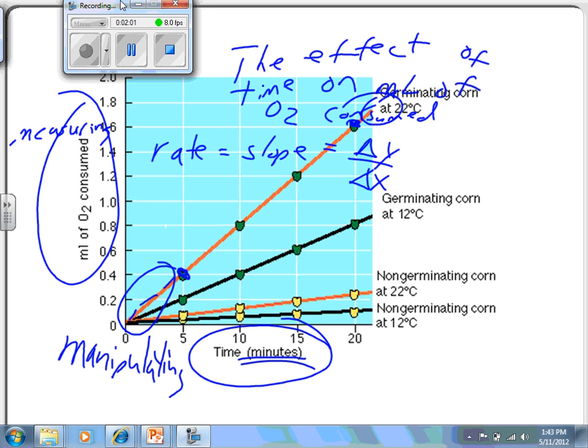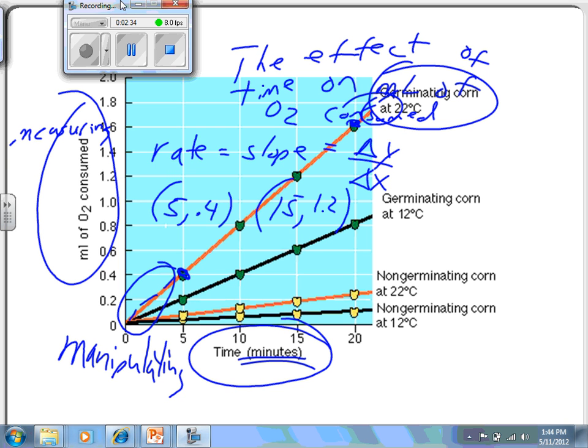So let's say we wanted to know the rate of oxygen consumption between 5 seconds and let's say 15 seconds for this line right here, germinating corn at 22 degrees Celsius. And we want to know the rate between 5 and 15 seconds. So at 5, our y coordinate is about 0.4. And at 15, our y coordinate is essentially 1.2.